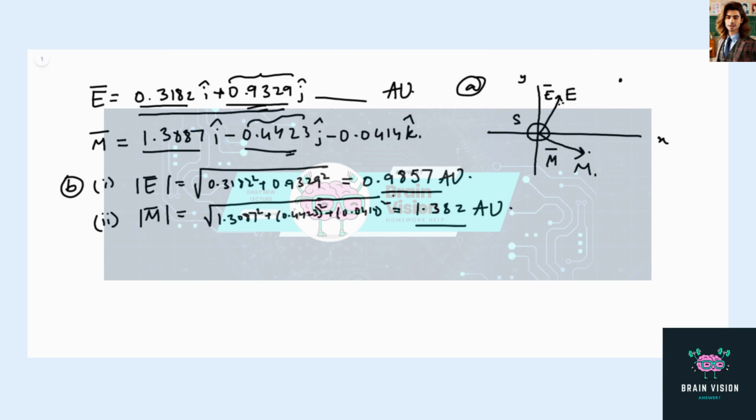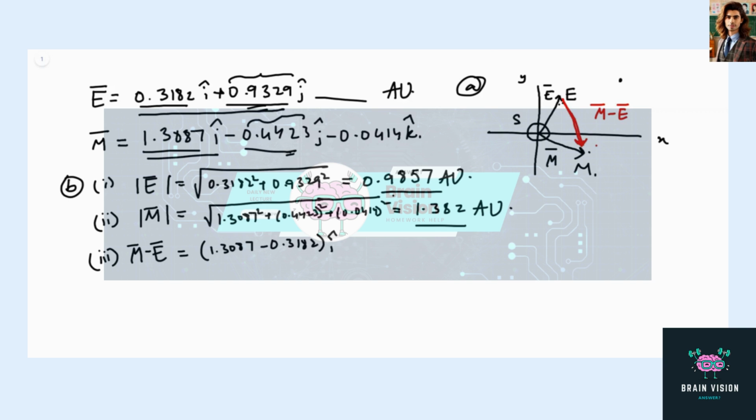So let us consider the difference vector M minus E, which would look something like this. Now we simply need to find M minus E, and M minus E would simply be 1.3087 minus 0.3182 i hat.